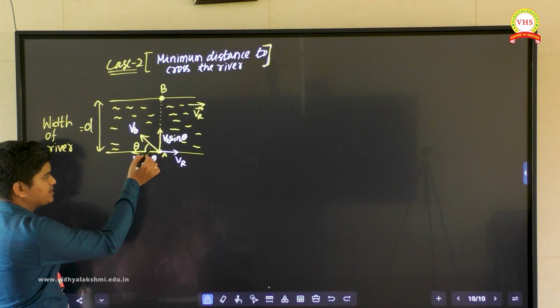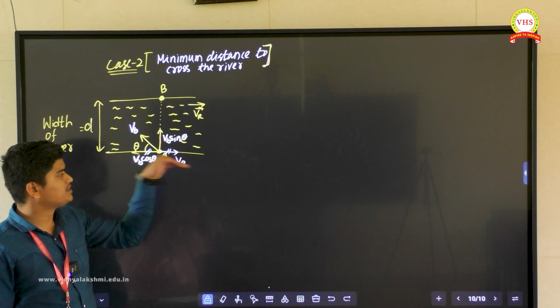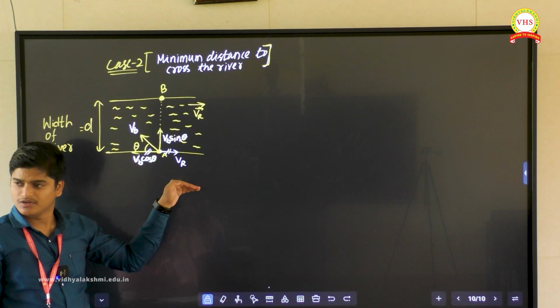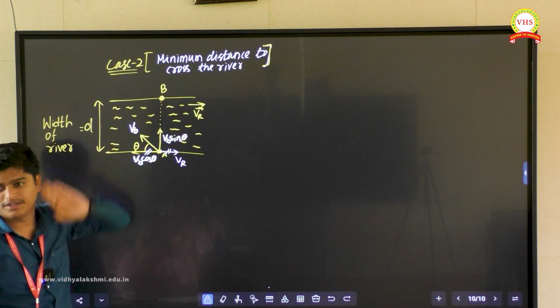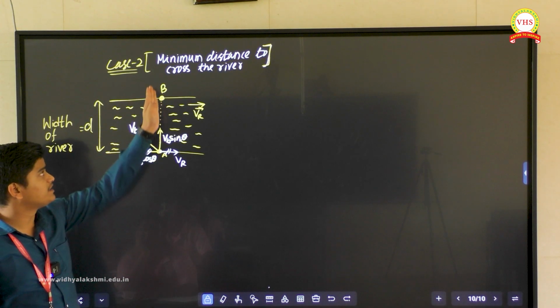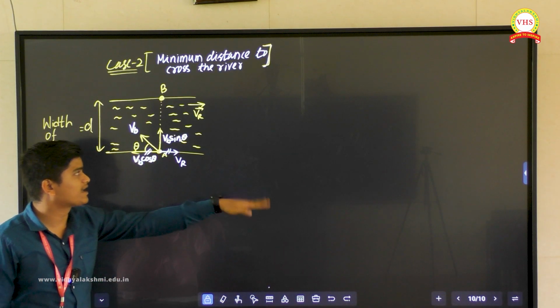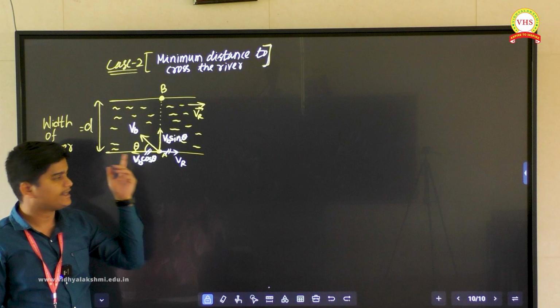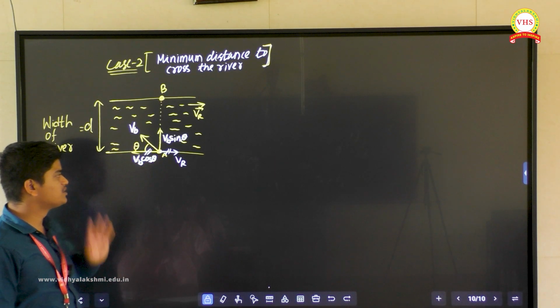They will cancel each other. Then I will not have any velocity in the horizontal direction. Then only with the vertical velocity I can reach point B. Are you getting or not? No one can drag me to the right side or left side if VR is equal to VB cos theta. Yes or no? So that condition we will take here.